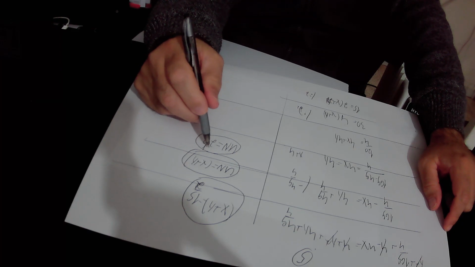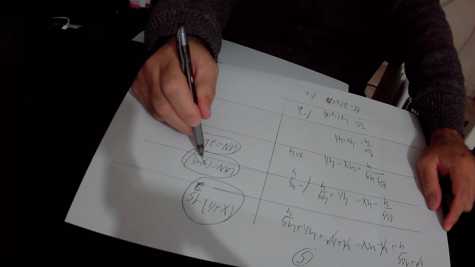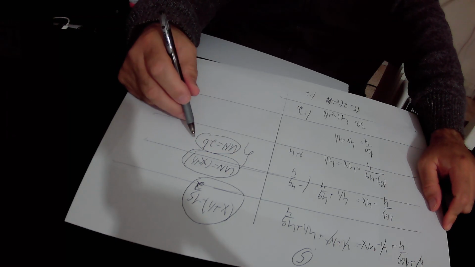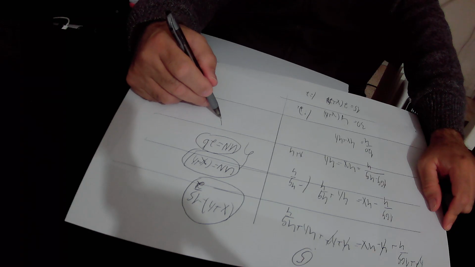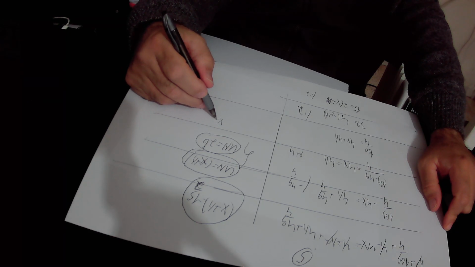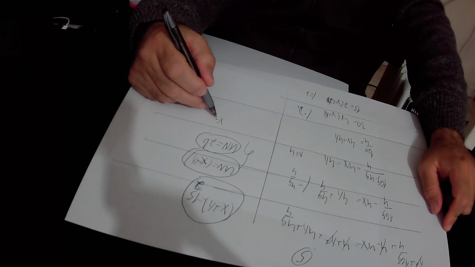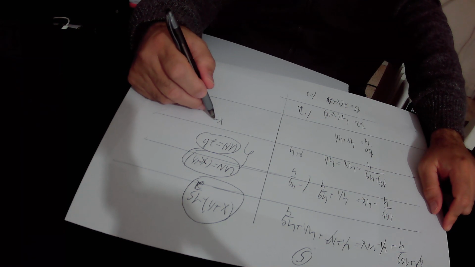And from those two equations, we derive that x plus h equals 2b.